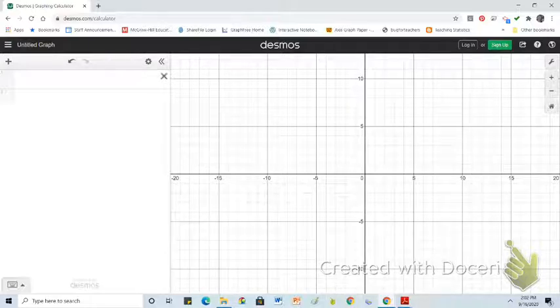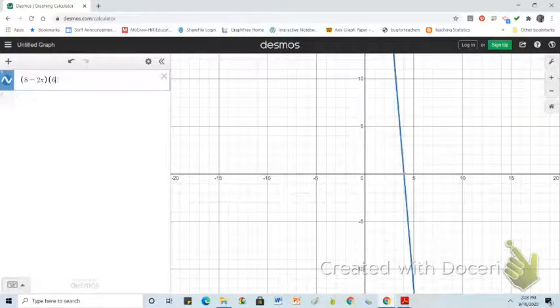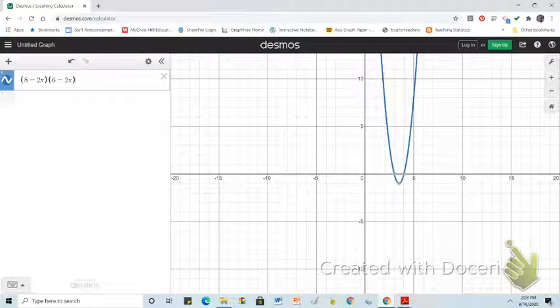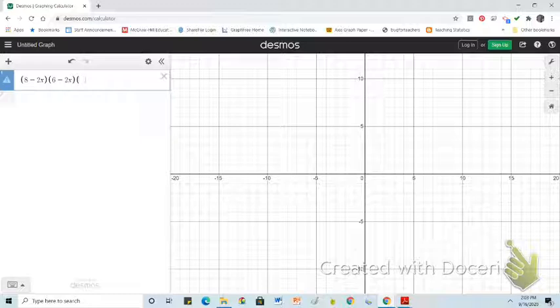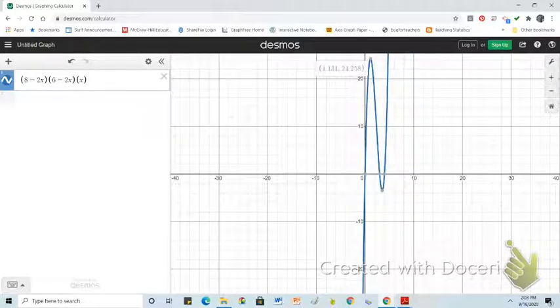I'm going to have 8 minus 2x times 6 minus 2x times x. And if I want to maximize volume, I need to find my maximum point. And this is where it happens. Happens at 1.1 and 24.3 if I round off.